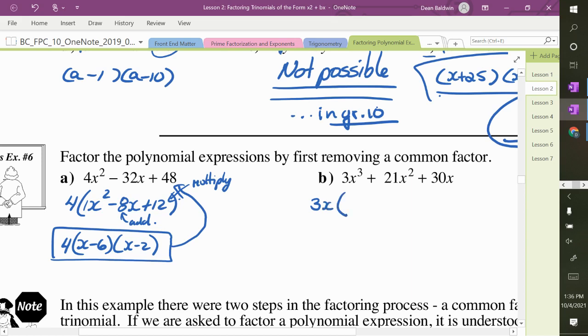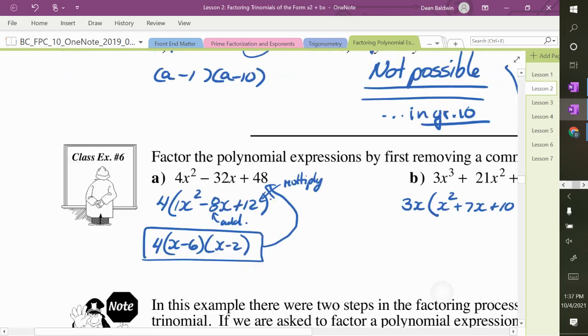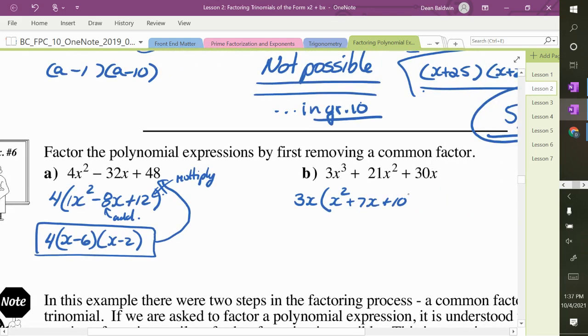What is left inside? What's 3x cubed divided by 3x? x squared. 21 divided by 3 is? x squared over x is x. 30 divided by 3? And what happens to the x's? They're gone.